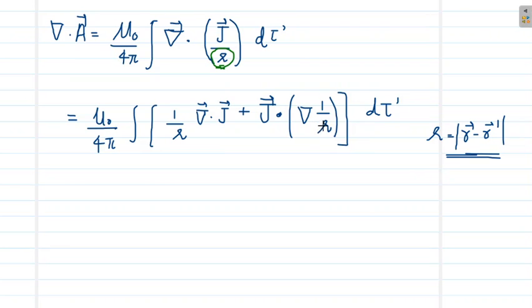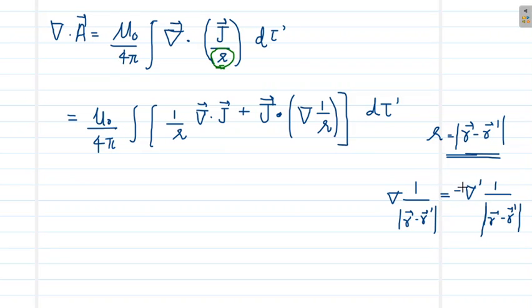So del of 1 by r is del of 1 by the magnitude of r bar minus r bar dash. This can be considered equal to minus del dash of 1 by r bar minus r bar dash.